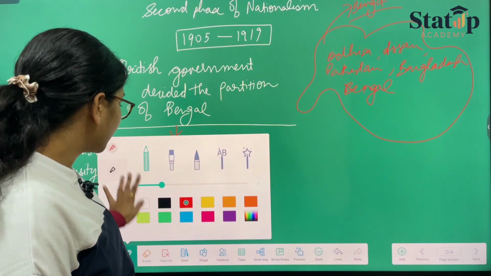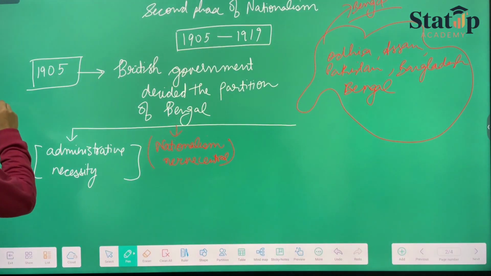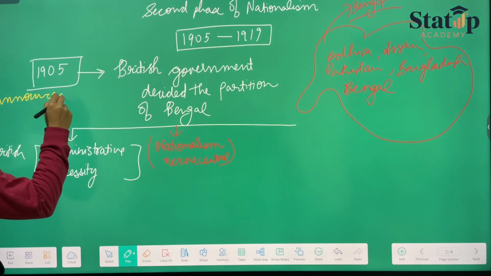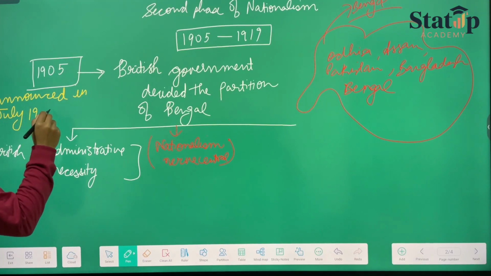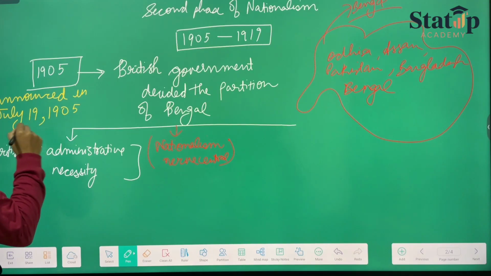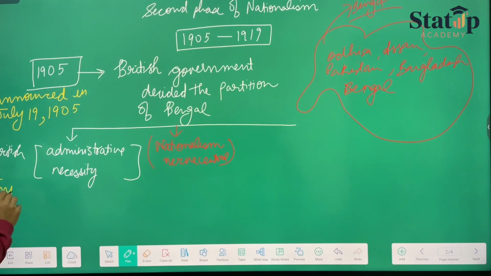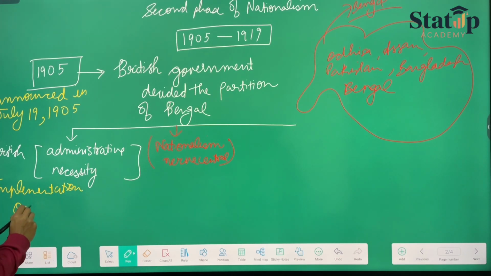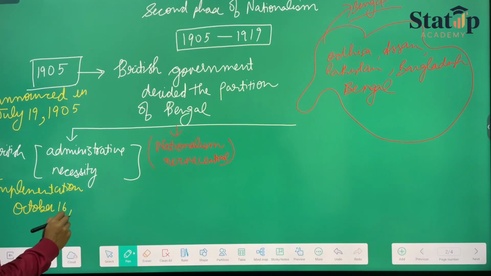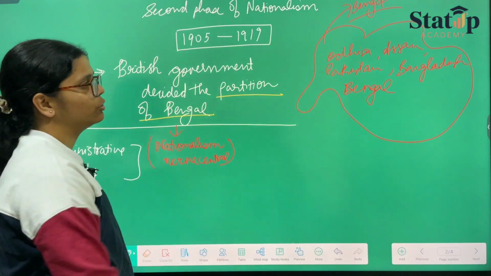Therefore, the British government announced in July 1905 that they would be dividing Bengal, and the implementation was done on October 16, 1905. So these two dates are to be remembered by you, where the partition of Bengal actually took place.